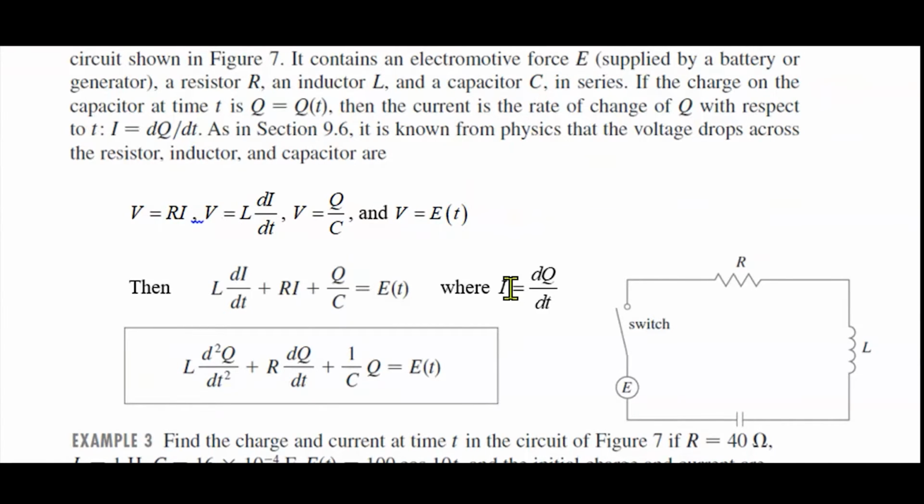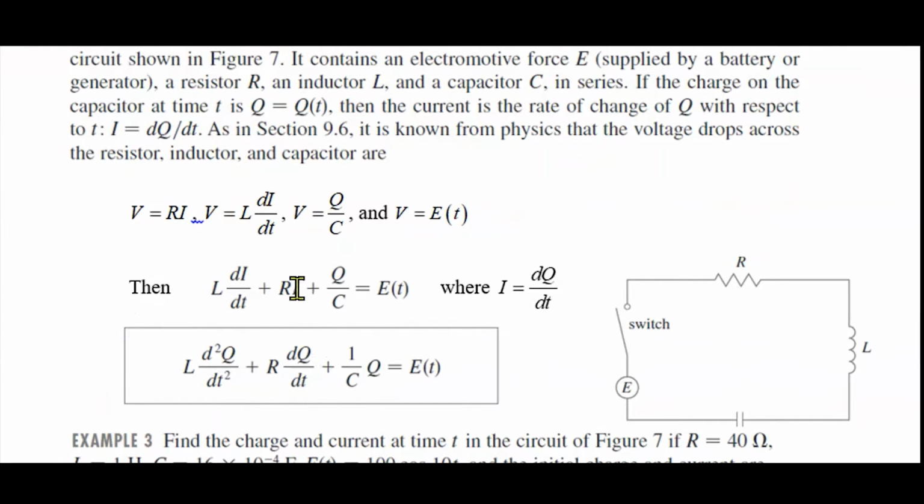But here's the key. That current happens to be the rate of the charge changing in the capacitor. And that kind of makes sense because a capacitor is basically a rechargeable battery. If you charge it, the amount of the charge it loses is the current that goes around in the circuit now, isn't it?